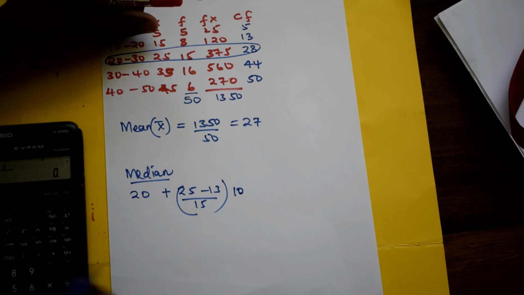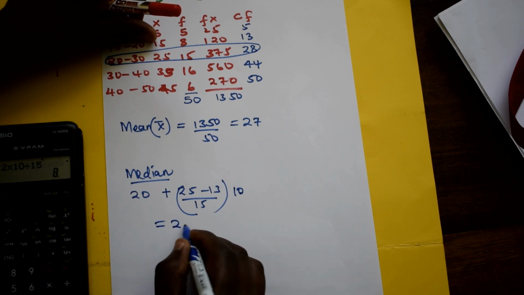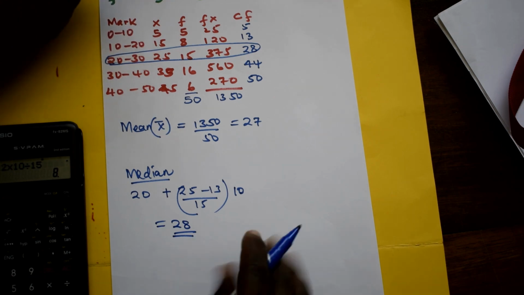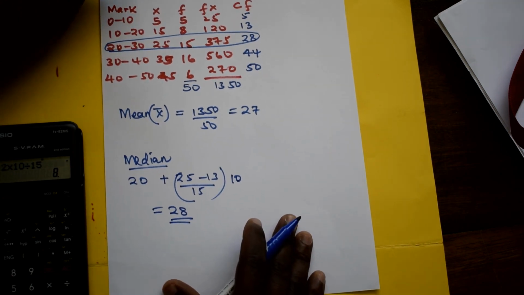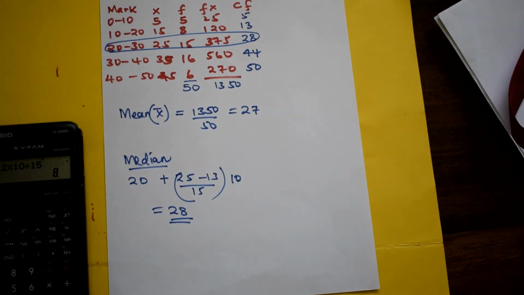This will give us the median, which will be 28. So let's be careful with such tables. When the table is already continuous, we don't have to make it continuous again.